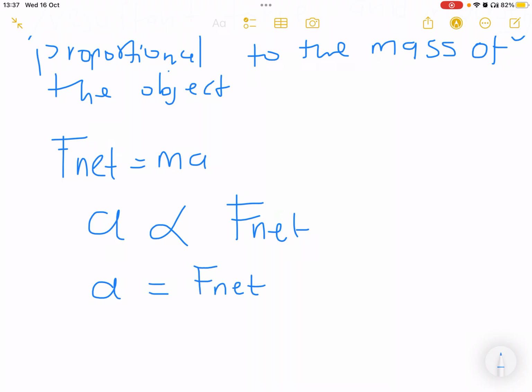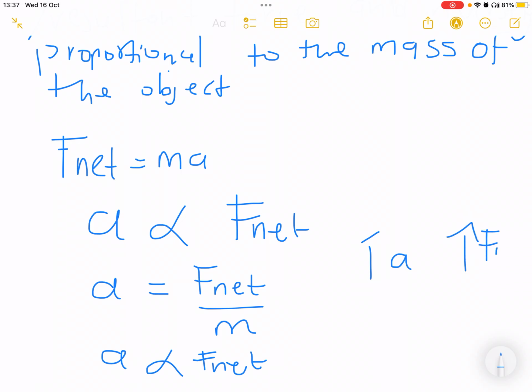F net divided by M, which means A is directly proportional to F net, meaning an increase in A results in an increase in F net. And then an increase in A results in a decrease in M because they are inversely proportional.